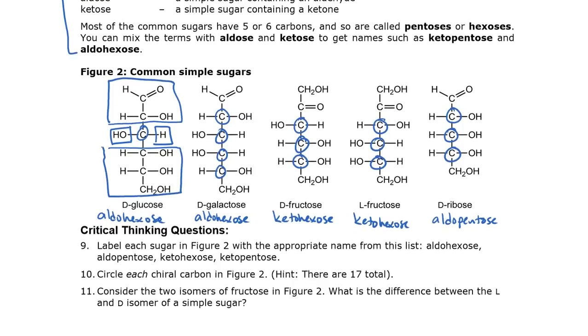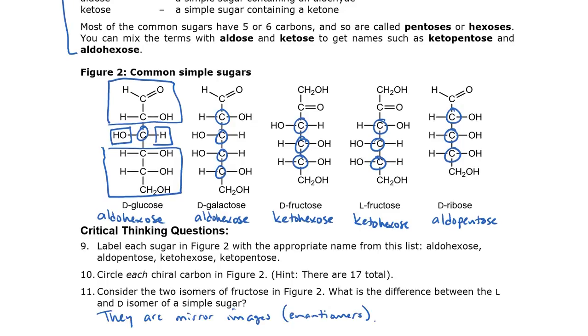Consider the 2 isomers of fructose in figure 2. What is the difference between the L and D isomer of a simple sugar? So take a look at those and write what is the difference. Pause now. So I say they're mirror images. Do you see it?